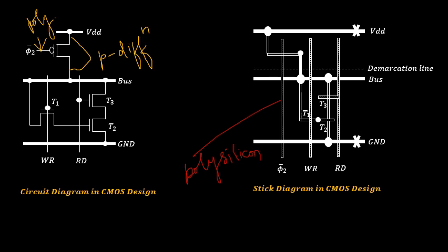This is metal itself, I have chosen this layer as metal, and even this VDD terminal I have chosen to be a metal layer, and the ground terminal also a metal layer. This is the N type of diffusion.